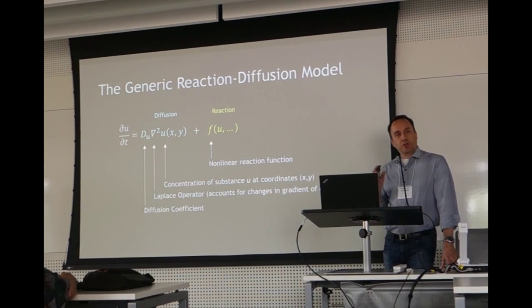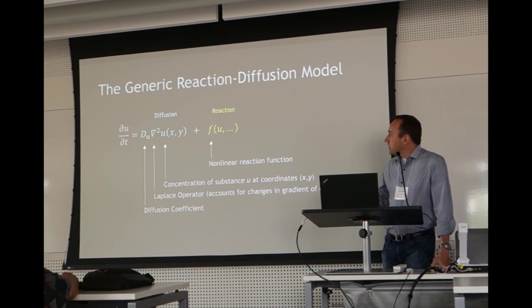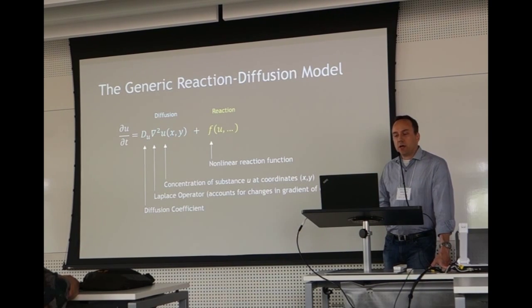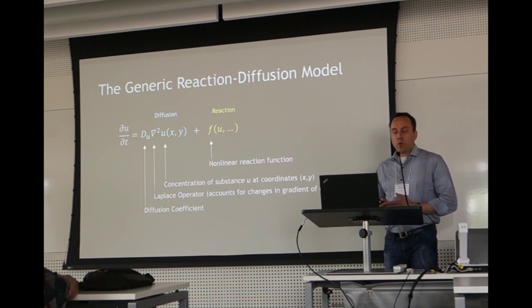Plus, that's the diffusion component, plus a reaction component. And the reaction component has to be a nonlinear function that accounts for interactions between the morphogens. So it accounts for things like one morphogen interacting with another and causing some kind of chemical change, or it deals with the inhibition of the growth.